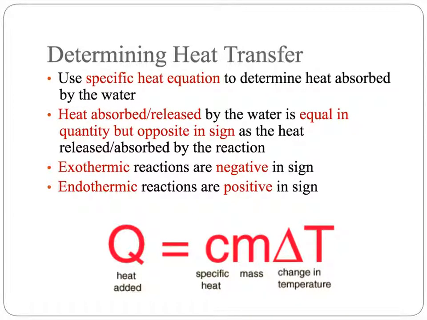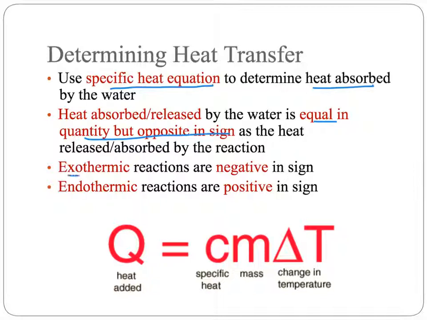In order to determine how much heat has moved, we use the specific heat equation, which gives us an idea of the heat absorbed or released. The heat absorbed or released by the water is equal in quantity but opposite in sign to the heat released or absorbed by the reaction, and it might become clearer as we do a calculation.